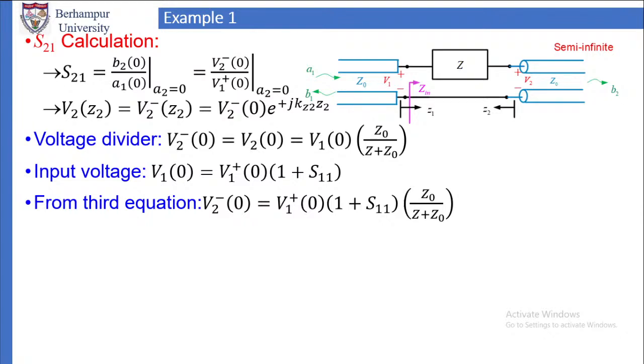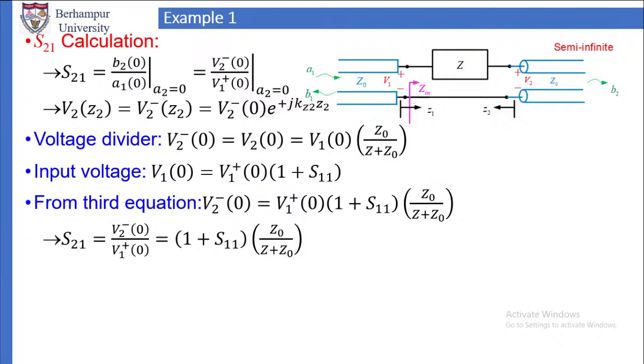So in that equation only, for V1 0 you put V1 plus into 1 plus S11. So from the third equation we have got this. Now that will give us S21. Why? S21 is equal to V2 minus by V1 plus. Now you have got V2 minus is equal to V1 plus into 1 plus S11 into Z0 by Z0 plus Z.